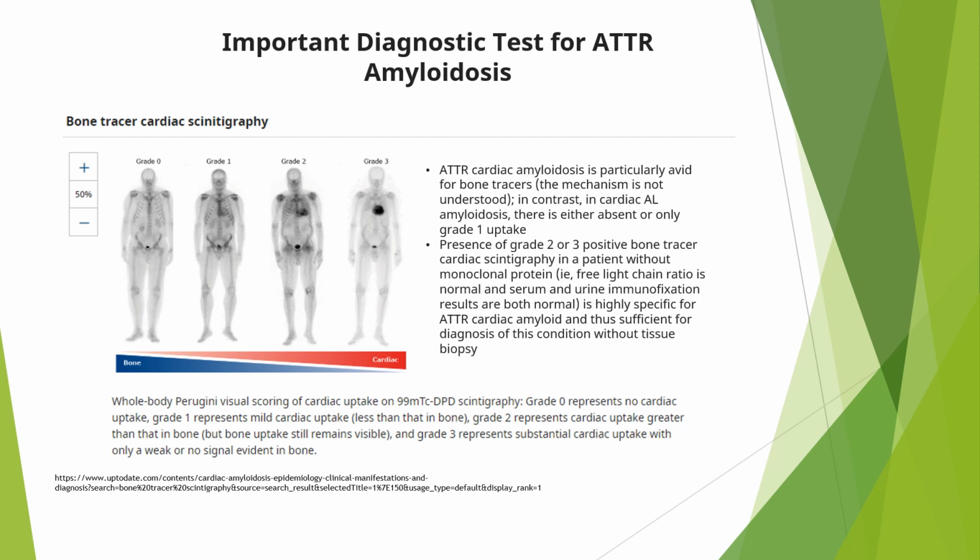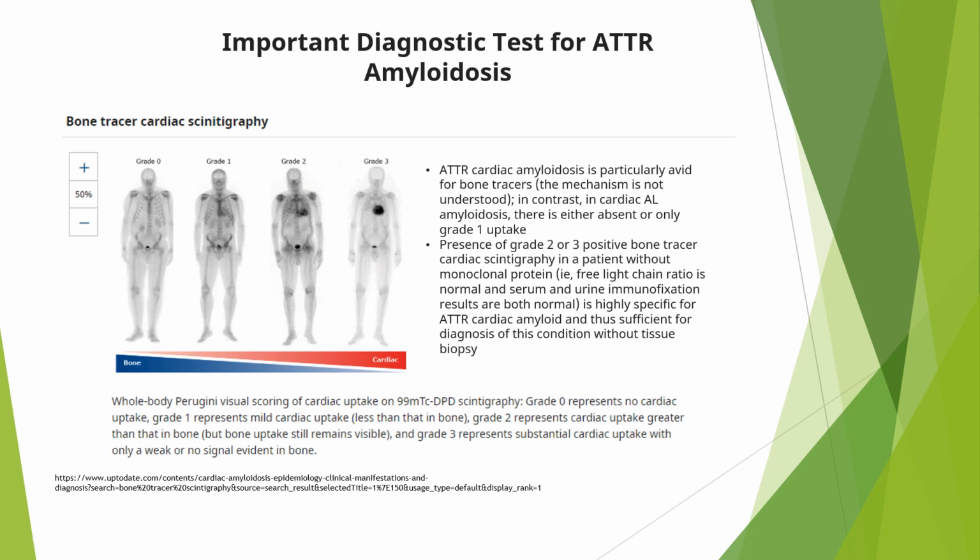So what all of this denotes is that any presence of grade 2 or 3 positive bone tracer cardiac scintigraphy in a patient without any monoclonal protein, for example, the free light chain ratio is normal and the serum and urine immunofixation results are also normal.